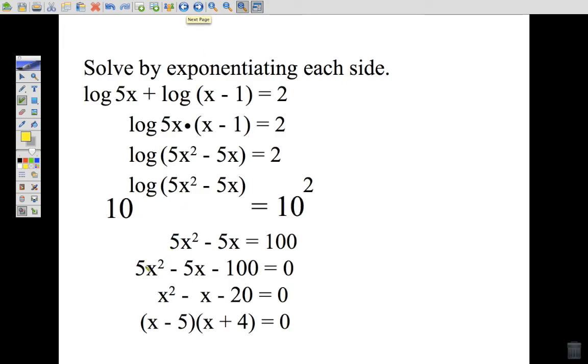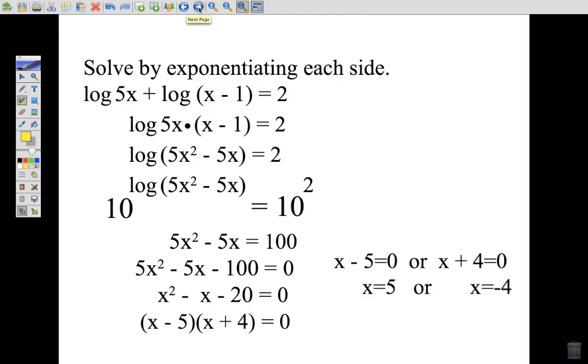Because we now know anytime you have a multiplication where you have a times b and the product is 0, that means either a is equal to 0, that means my entire x minus 5 is 0, or b, in this case x plus 4, is 0. Solve each little mini equation, and it appears that I have 2 answers to this log problem.